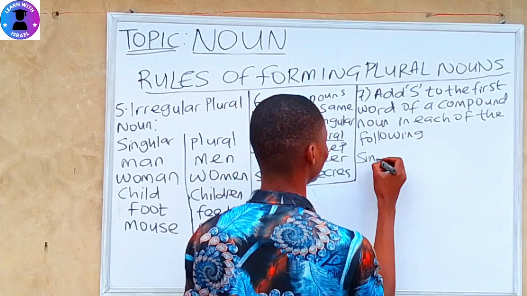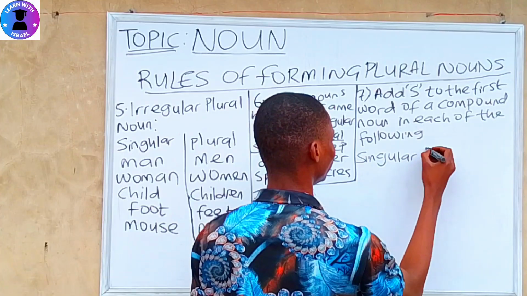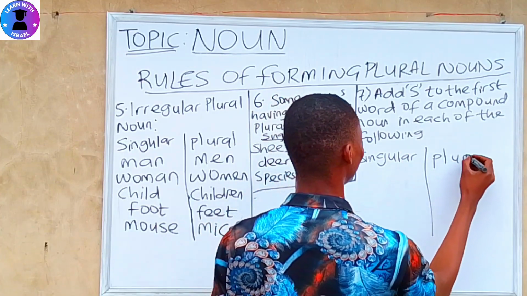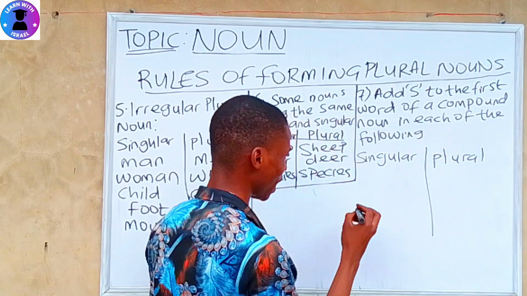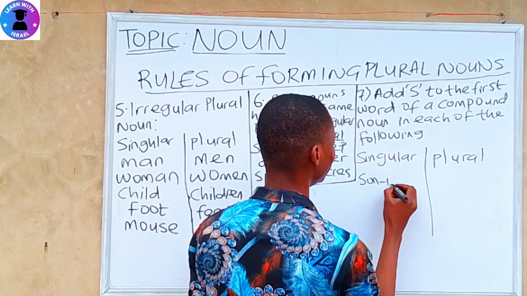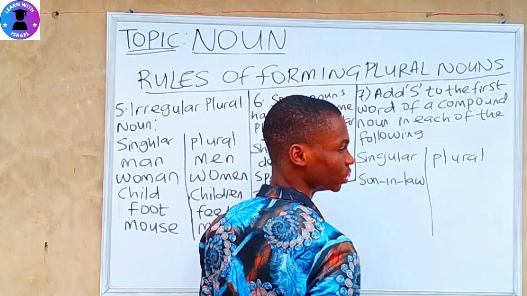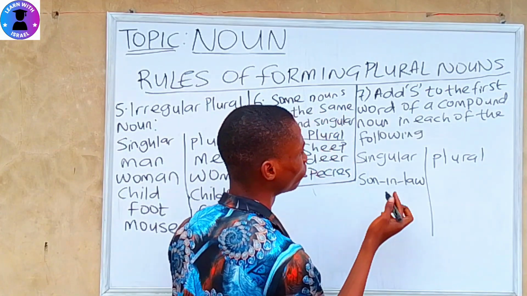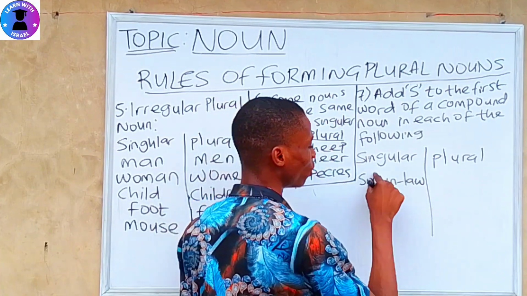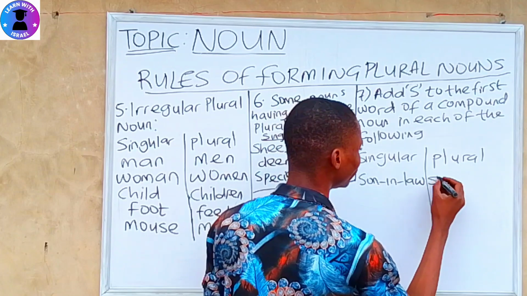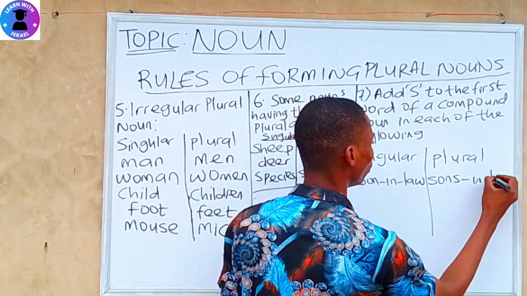So we have singular and we have plural. For the singular, we have son-in-law. So we have to pluralize the first one, which is son. So son will now turn to sons-in-law.